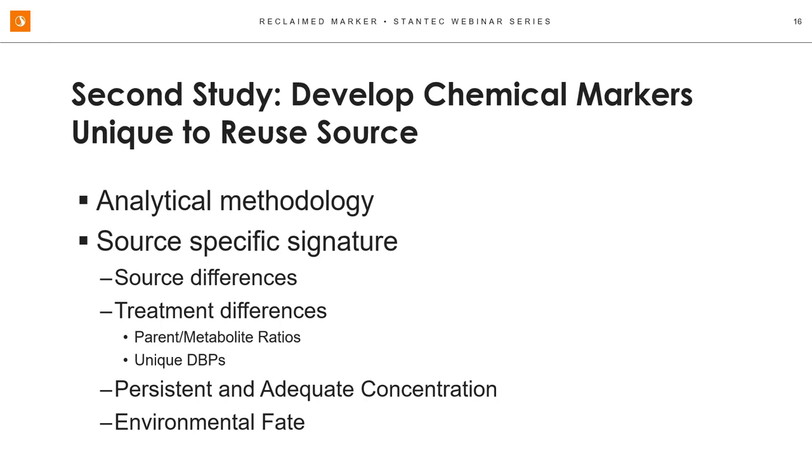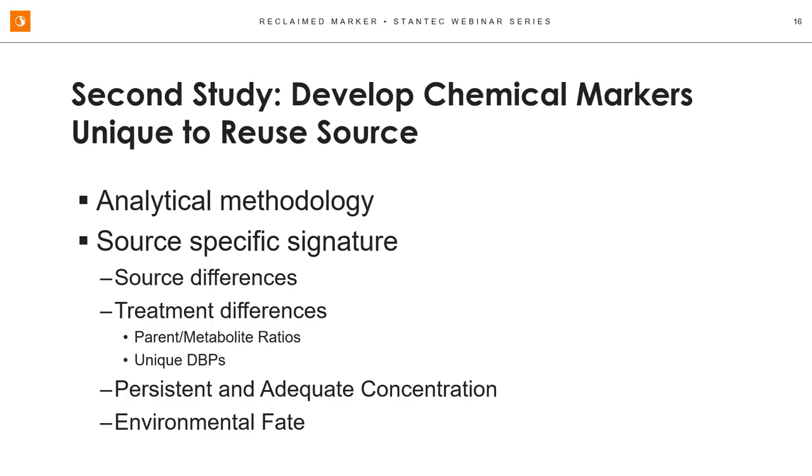The other possibility was that there might be a treatment difference where maybe you form different parent metabolite ratios or unique disinfection byproducts, because septic is typically not disinfected with chlorine. And so we were just trying to see if we could find something.